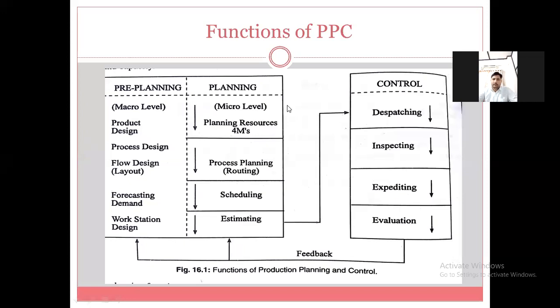Processes are one kind of operation required to produce things. Once the processes are decided, you can go for the flow design, or we can say the layout of the industry.